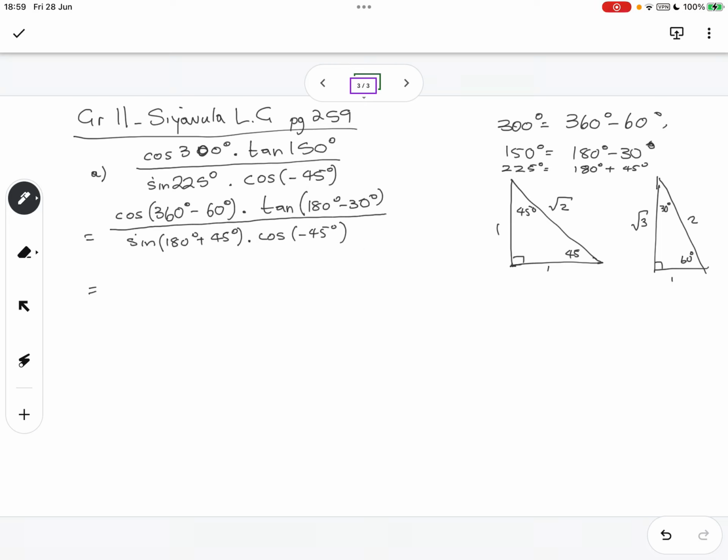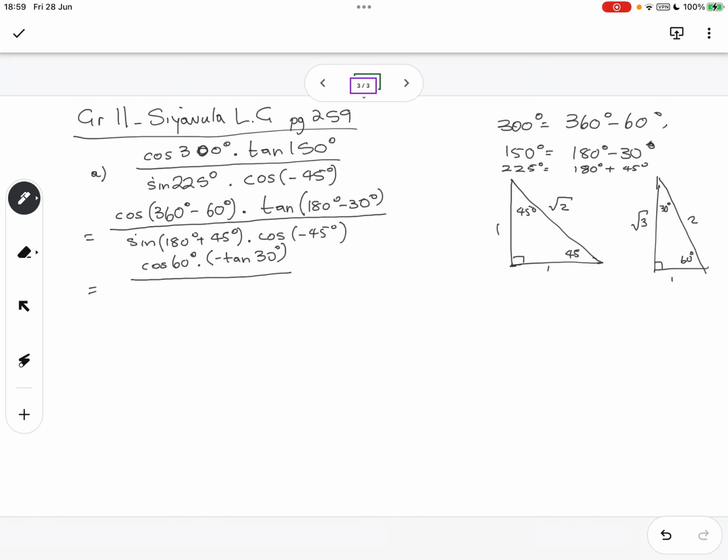All right. So the next step that we go through, when we reduce cos of 360 minus 60, that is fourth quadrant. Cos is positive, so we just have cos of 60 degrees. 180 degrees minus 30 degrees, it's second quadrant, tan is not positive, so we'll have negative tan of 30 degrees.